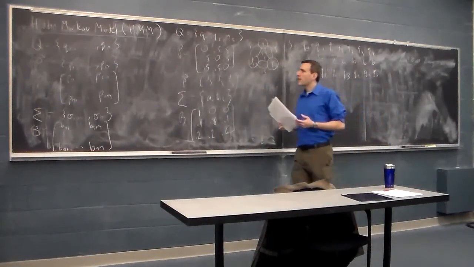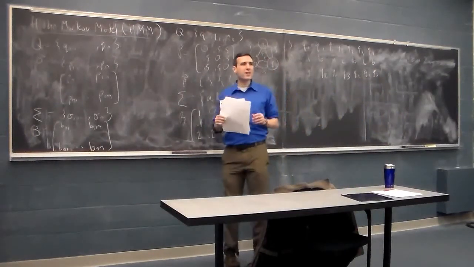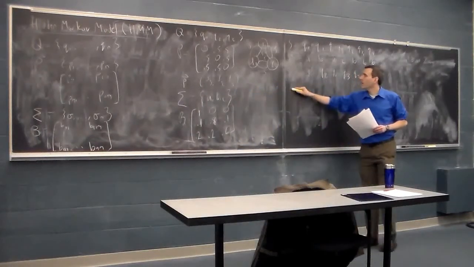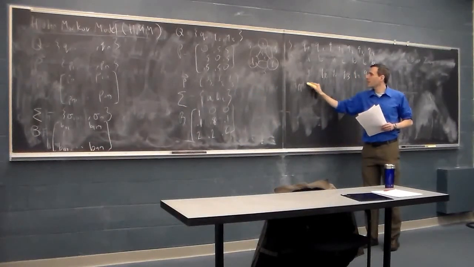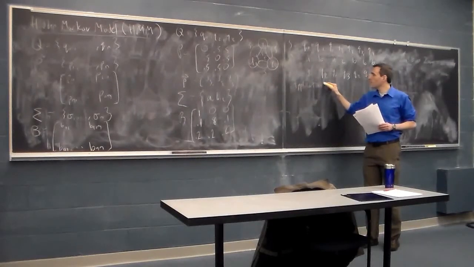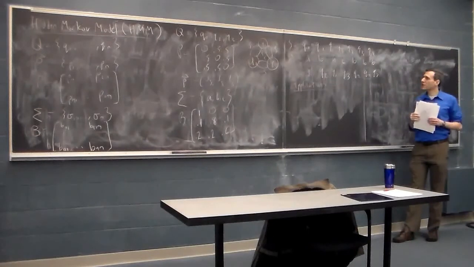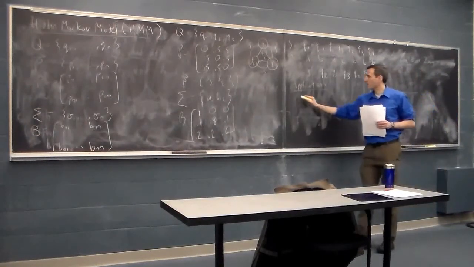So it may not be obvious why these are useful, but let me just give a few basic examples of where we see these in biology. One of the most important applications of these, and one of the ones that really brought them to the attention of a lot of the biology field, is the issue of gene structure annotation.